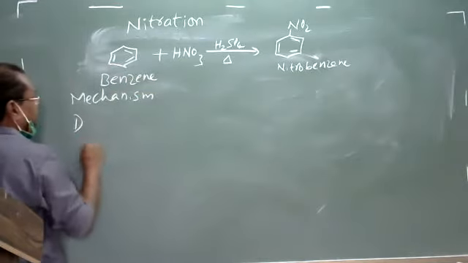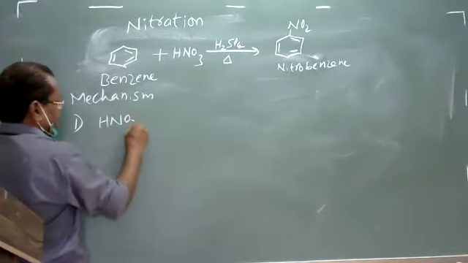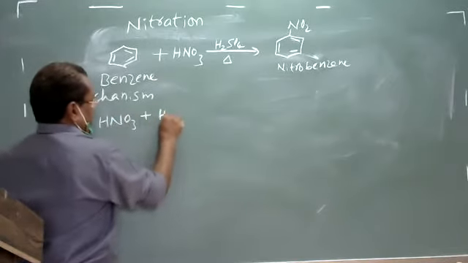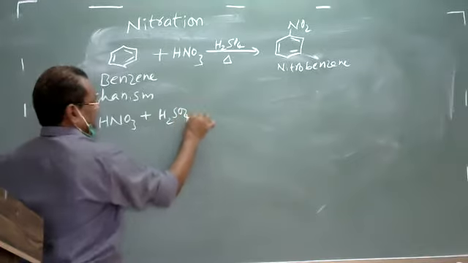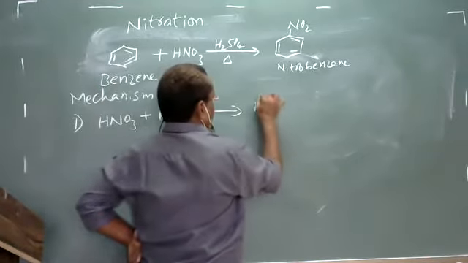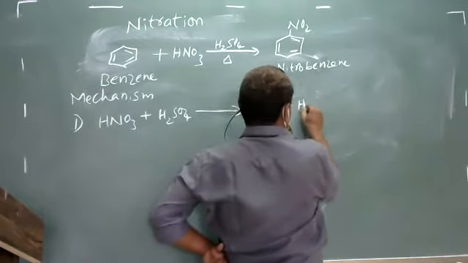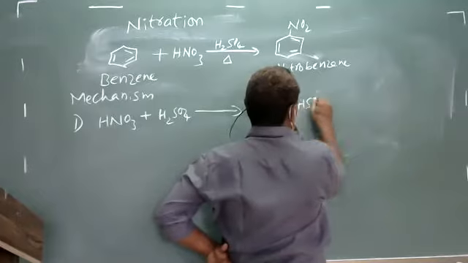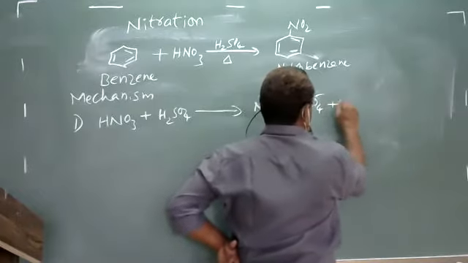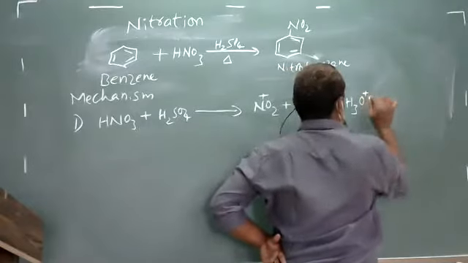In step 1, nitric acid and sulfuric acid are going to react, and it forms nitronium ion plus HSO4 minus plus H3O plus.